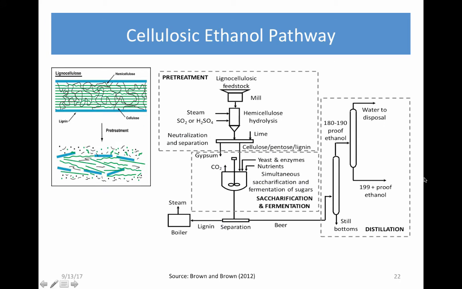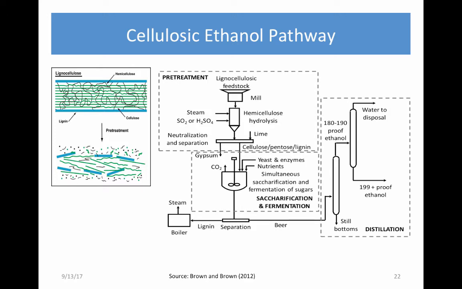What makes cellulosic ethanol different is that yeast cannot digest the lignin. Yeast can only digest the cellulose, but cellulose is covered by lignin and hemicellulose. Cellulosic ethanol production has to go through multiple pretreatment processes to separate lignin from hemicellulose and cellulose.